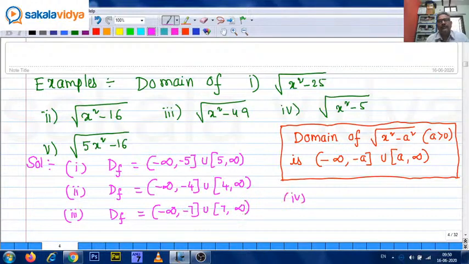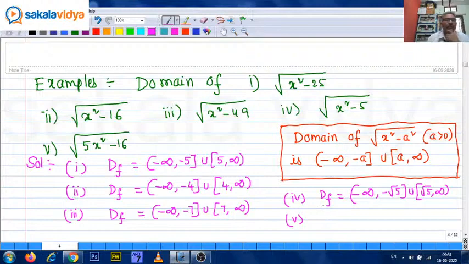Fourth one, here a square is equal to 5. A will be plus or minus root 5. So that's why domain of f equals minus infinity to minus root 5 union root 5 to infinity. Fifth one, fifth one is important. Actually, what will you get now here?